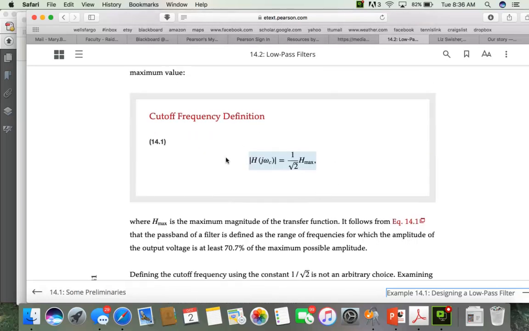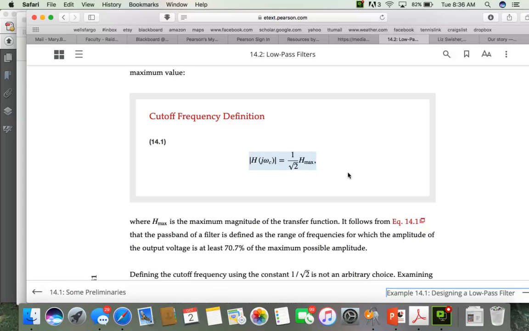So once again, here's the definition of the cutoff frequency. And let me just interject that this cutoff frequency definition occurs across all types of filters. It is a general definition. So for any filter, the general definition is that the cutoff frequency is 1 over the square root of 2 times the maximum value of the transfer function. The maximum value of the transfer function is in general considered to be 1.